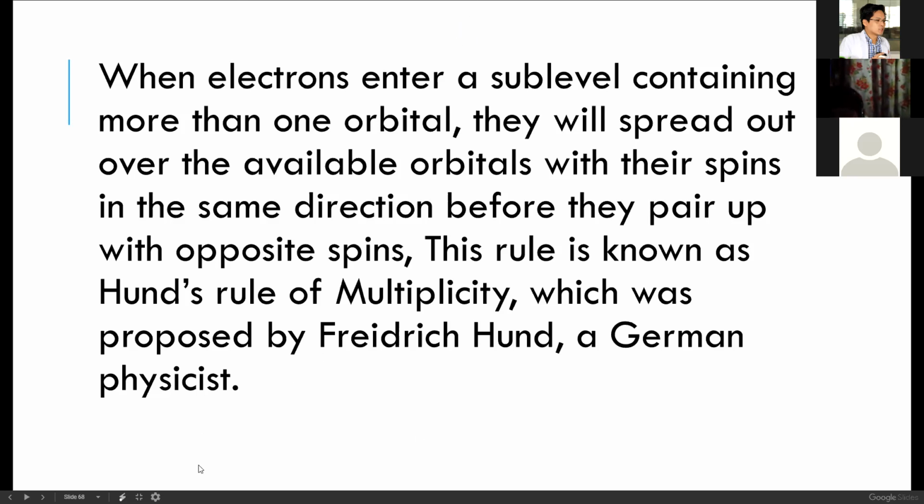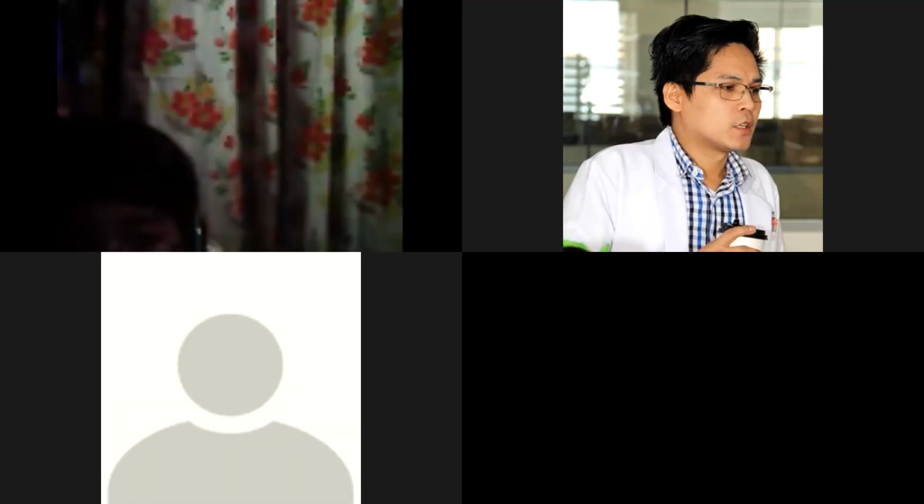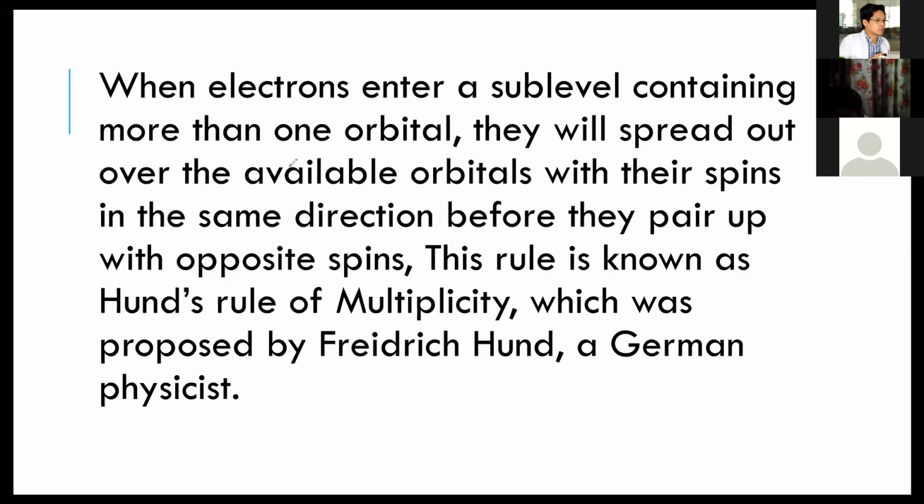So, for example, for the p subshell, it can only hold up to a maximum of 6 electrons. How about 3p5?